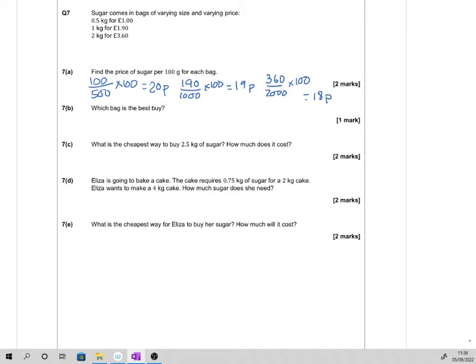Okay, which is the best buy? The third bag, the 2 kilo. What's the cheapest way to buy 2.5 kilograms of sugar?